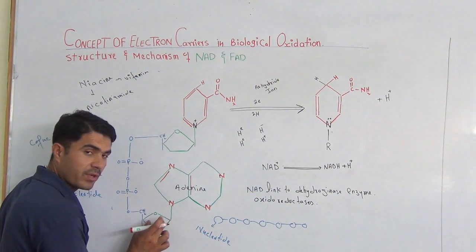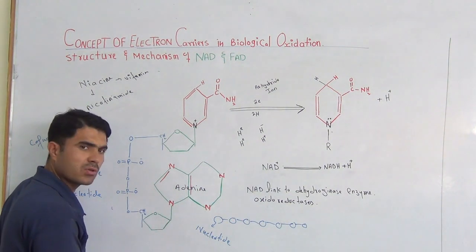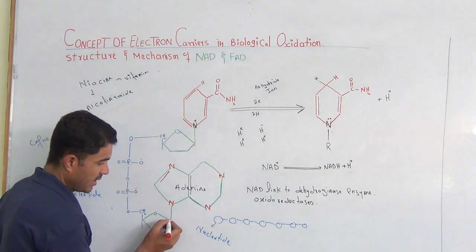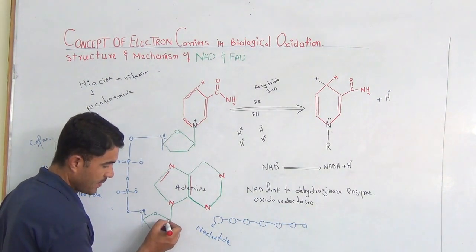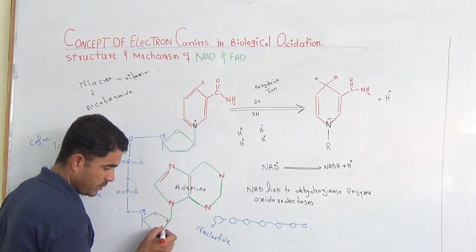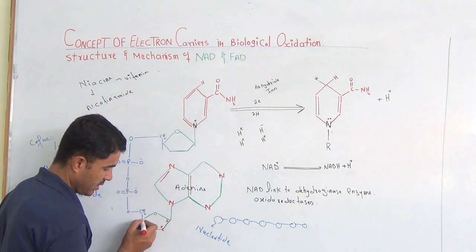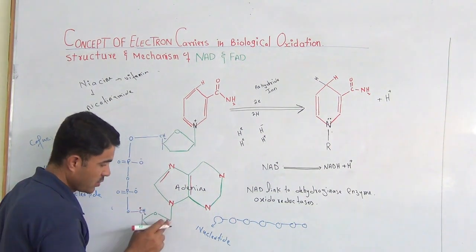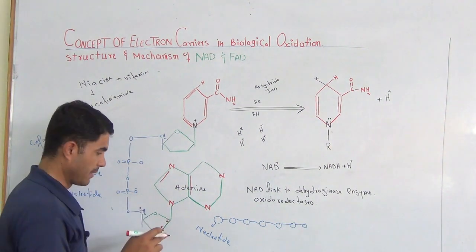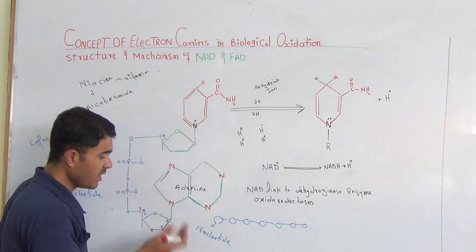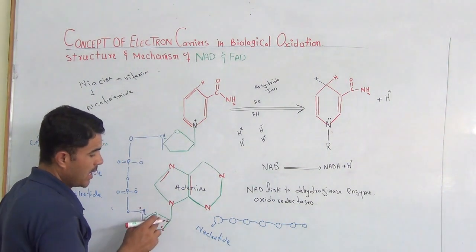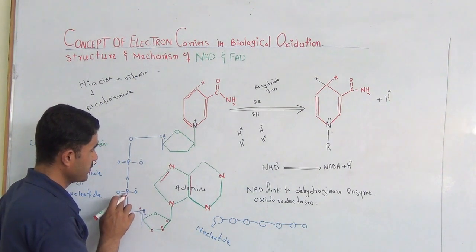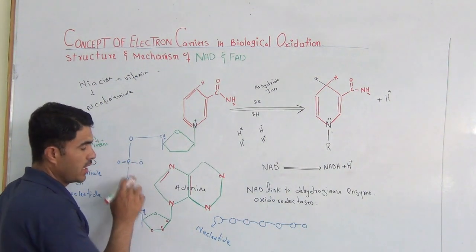Come here, we have a sugar, a ribose sugar, a 5 carbon sugar. This one is carbon number 1. This one is carbon number 2, right? This one is carbon number 3. This is 4, and that one is carbon number 5. So a 5 carbon sugar, which is called a ribose sugar. And here we have 1 phosphate and 2 phosphates.